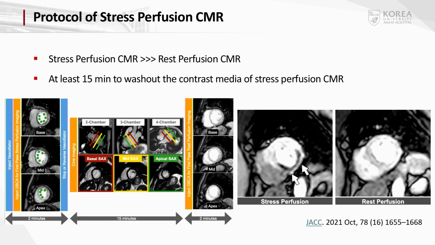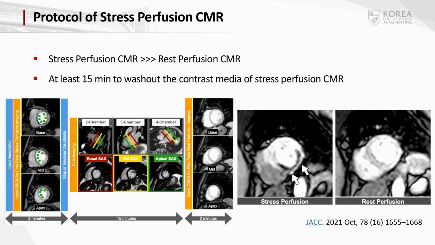The perfusion MRI protocol looks somewhat complex. It involves two different scans: first a stress perfusion, followed by about a 15-minute interval wait before the rest imaging, to wash out the stress vasodilation.